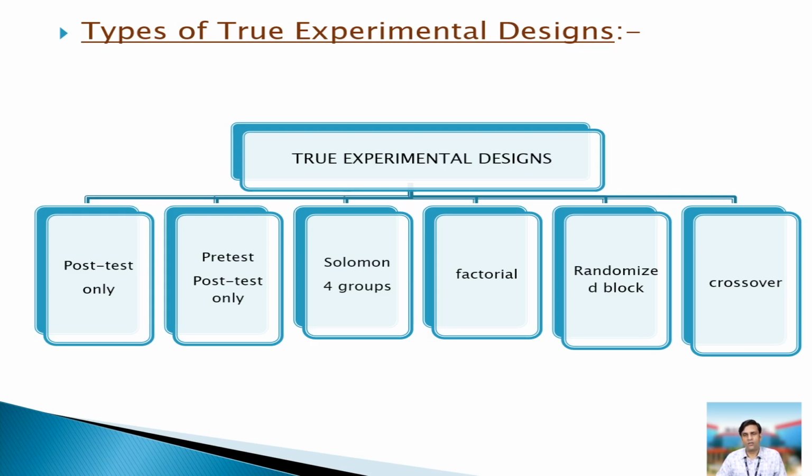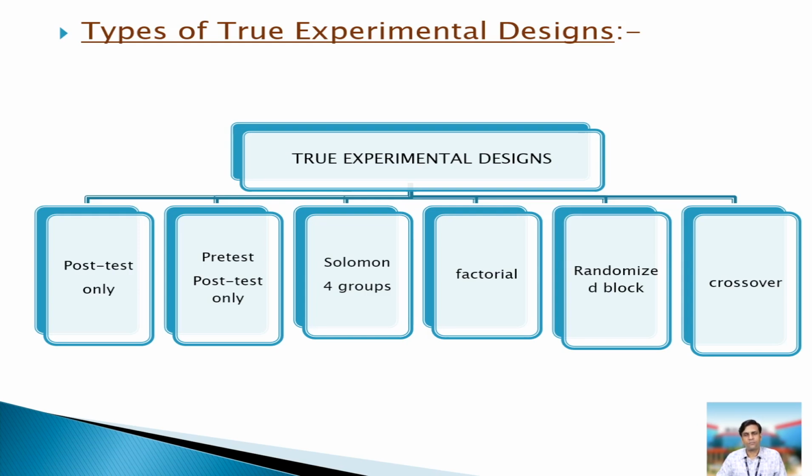And the last type of true experimental research design is crossover design, where the results of the experimental and control group are usually cross-checked with each other, and this is how all the types of true experimental research designs are done.